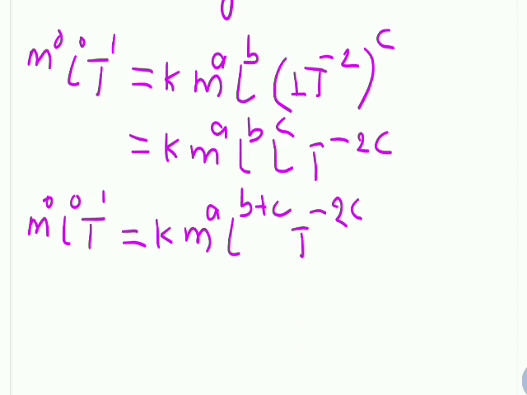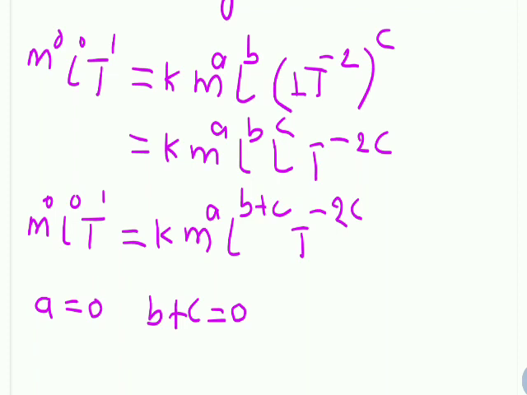Now equating these powers, A is equal to 0, B plus C is equal to 0.